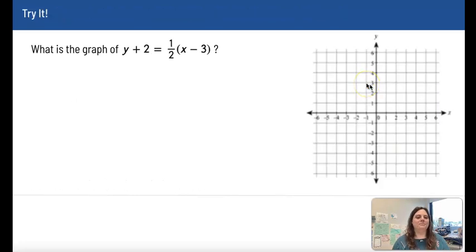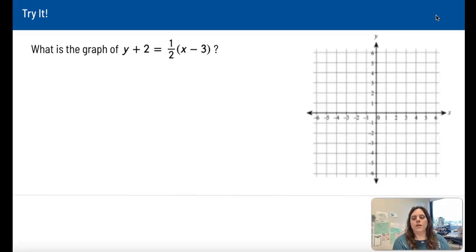You give it a try by graphing this equation. y plus 2 equals 1/2 times (x minus 3). Pause the video now, try it out, and press play to see the answer. In this case, our first point is going to be at 3, negative 2. So over 3, down 2.